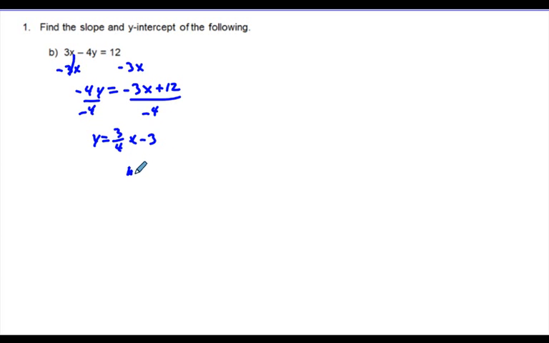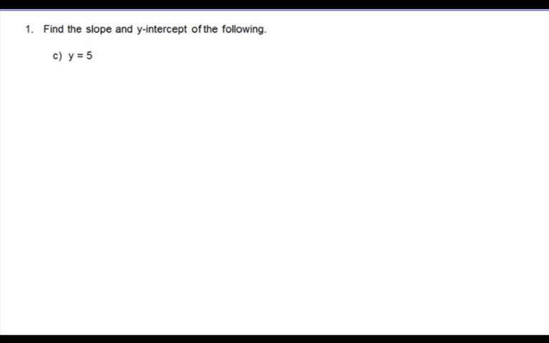So our slope is going to be 3/4, and our y-intercept b is going to be equal to negative 3. Alternatively, for y-intercept, you could say the coordinate pair 0, negative 3, or you could say y-intercept of negative 3. So different ways of articulating the answers here.